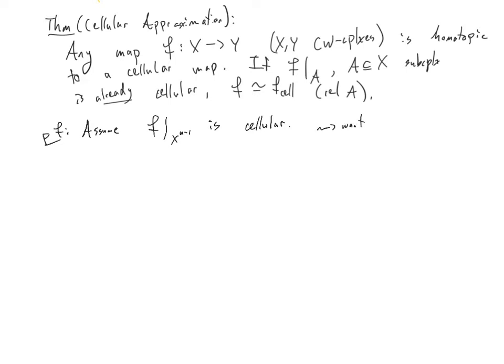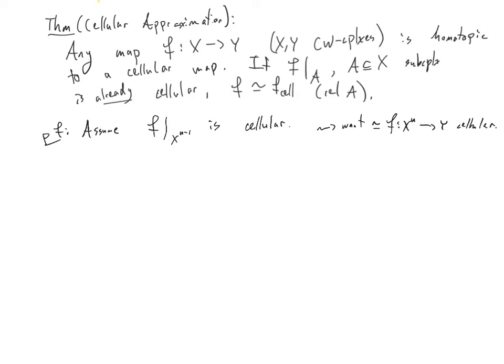So we want F from X^n to Y, cellular. And we want to do this in a way that doesn't change the n minus 1 skeleton, so that we have this homotopic version of F. So how do we do this?